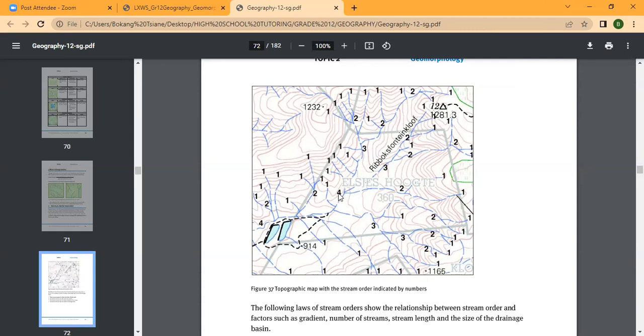And we can see this through the spaces between the contours, because the contours at 1 are closely packed to each other, and the contours at 4 have too much space. So that's how stream ordering works.